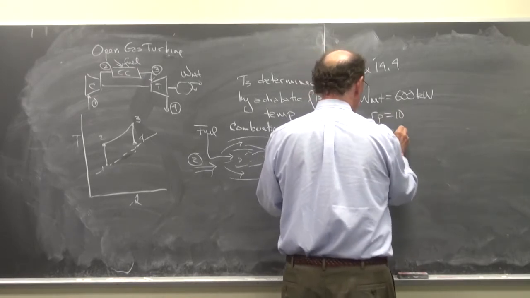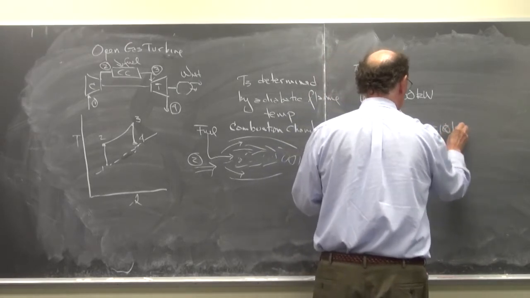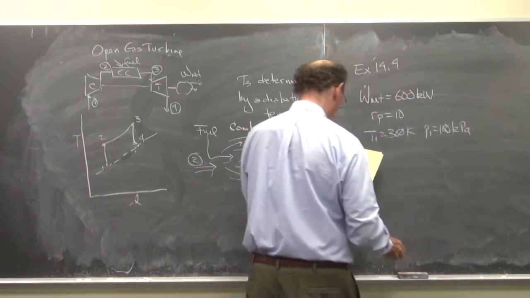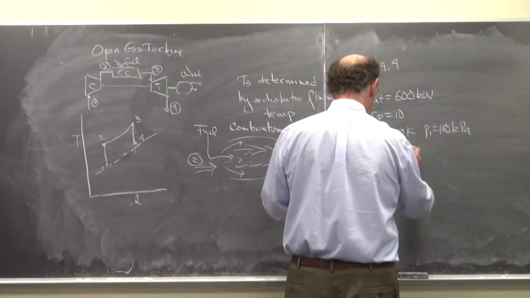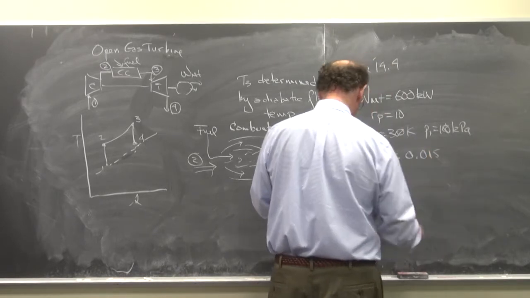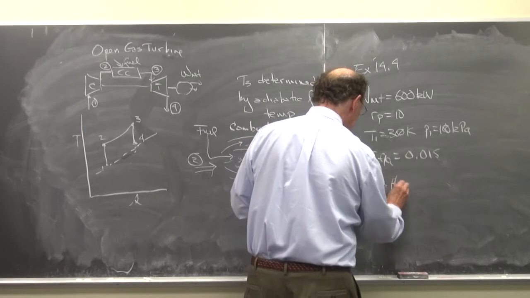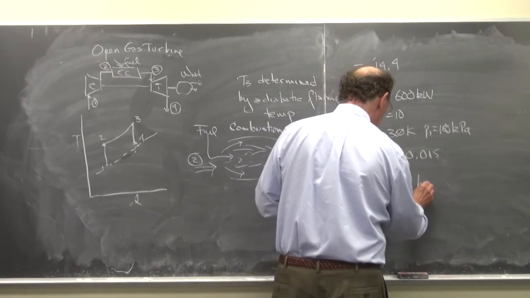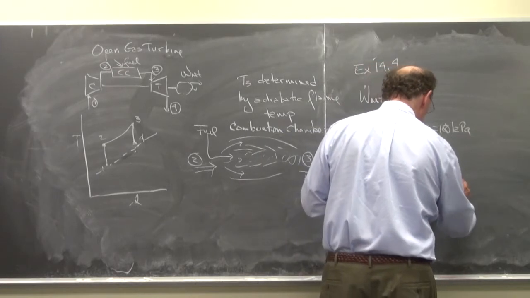T1 is 300 K, P1 is 100 kPa. RFA is equal to 0.015. We have C12H26, so H sub RP is equal to 44,102.